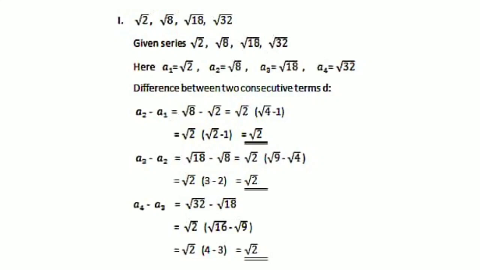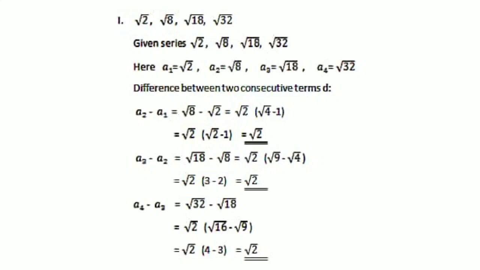Then A4 minus A3, where A4 is equal to root 32 and A3 is equal to root 18. Here also root 2 is common into root 16 minus root 9. Root 16 is equal to 4 and root 9 is 3.